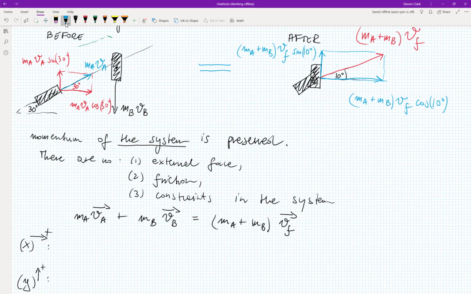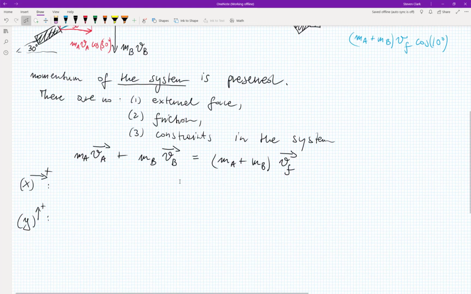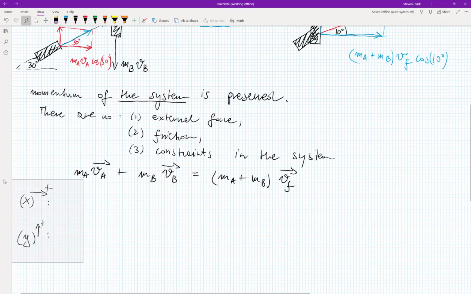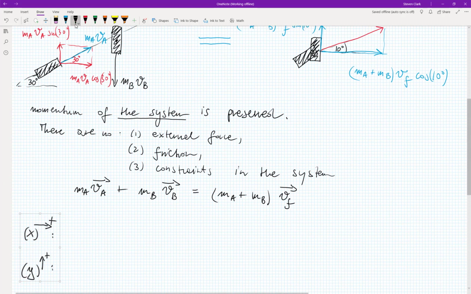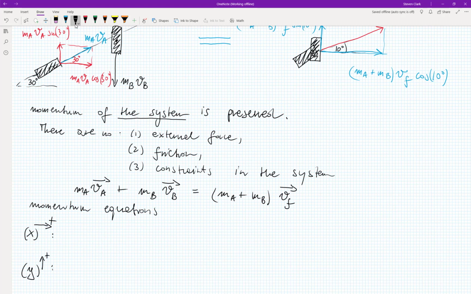Okay, I think that now I am ready to write my momentum equations. So actually I call these guys momentum equations. So what do we have in the x direction?